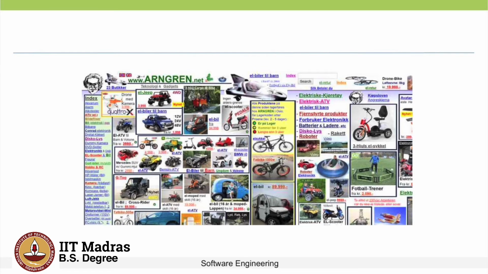So here's an example of a website, and I'm sure if you go to it, it will leave you frustrated, right? So looking at this image, you can see that the layout is cluttered, there is no hierarchy, there is no navigation, the typography is very poor, there is random use of colors.